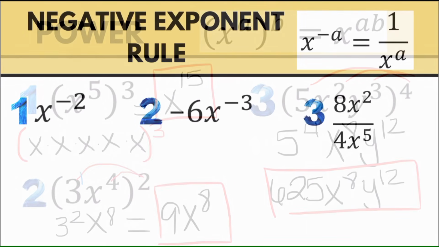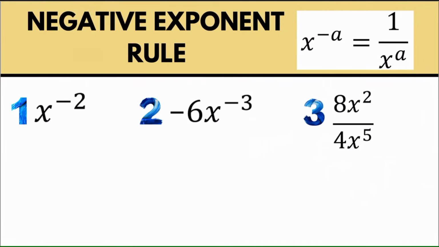Well, the negative exponent rule says that if you have a negative exponent, for example, x raised to the negative a, assuming a is a number, you can rewrite that as 1 divided by x to the positive a. So essentially here we are making negative a positive, and we're changing this into a fraction.